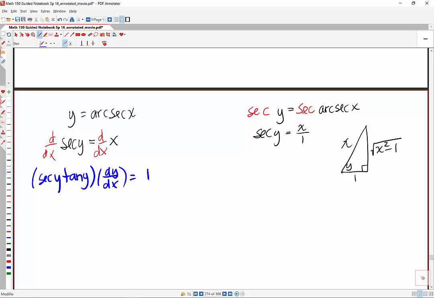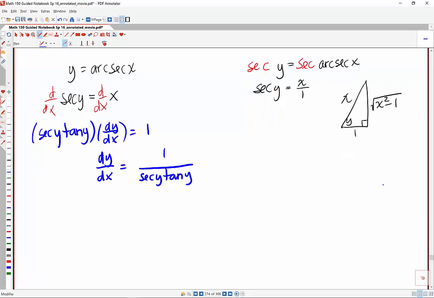So isolating dy dx, we'll get 1 over secant at y times tangent at y. And this gives us, using our reciprocal functions, cosine at y times cotangent at y.